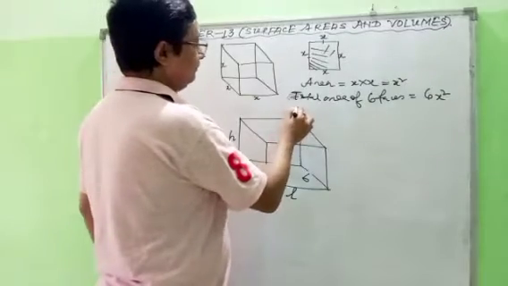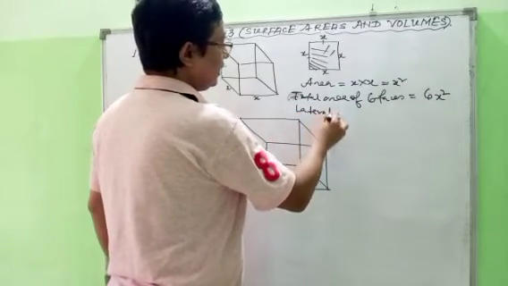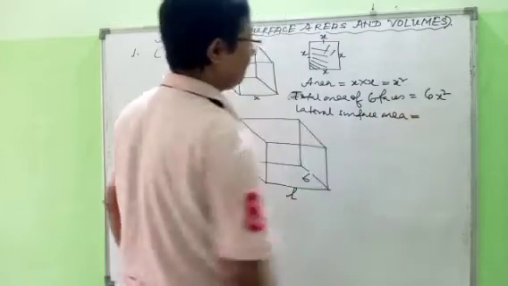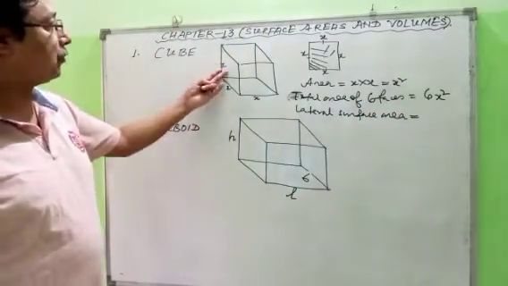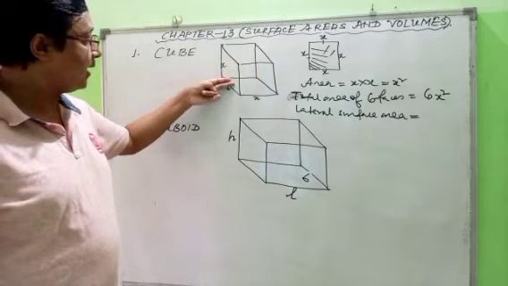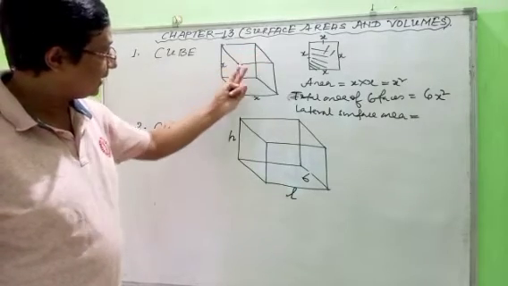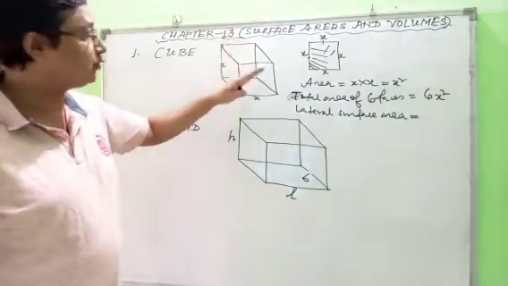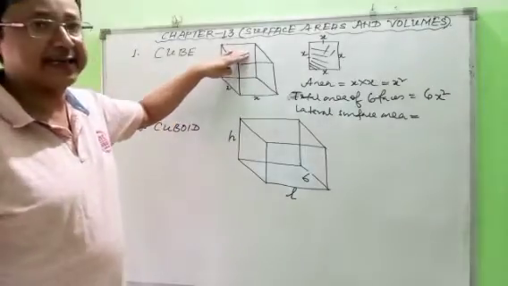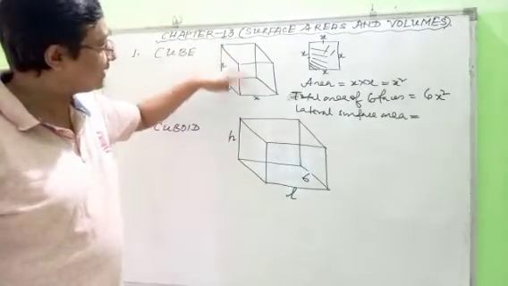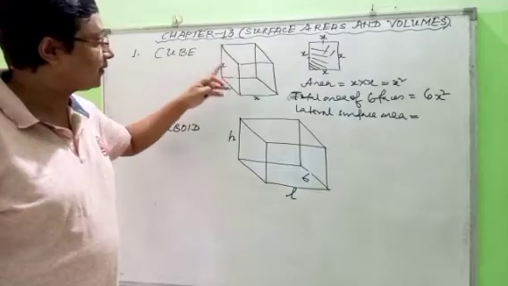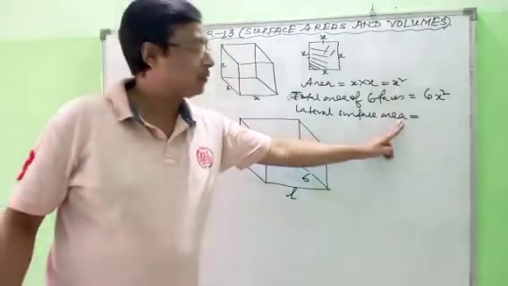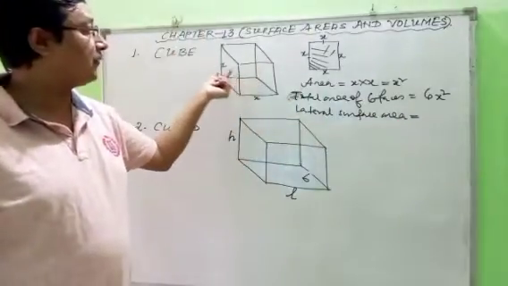Lateral surface area: that means you have got 4 faces. This is 1, this is 2, this will be 3, and this is 4. You are not going to count the base and the ceiling. Leaving the base and the ceiling, you count the remaining 4 walls. That is called the lateral surface area. Now you have got 4 faces.